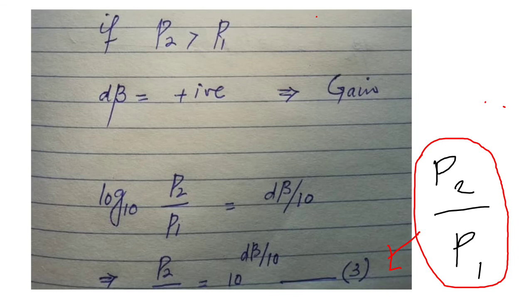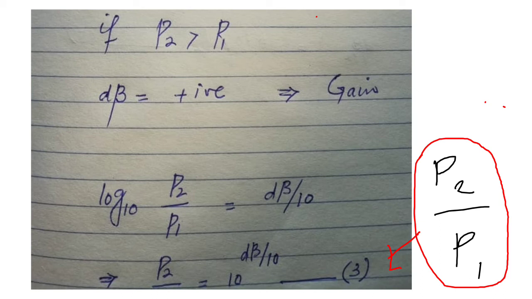If P2 is greater than P1, then the decibel value of this efficiency will be positive, and this positive value represents the gain of the system, right?